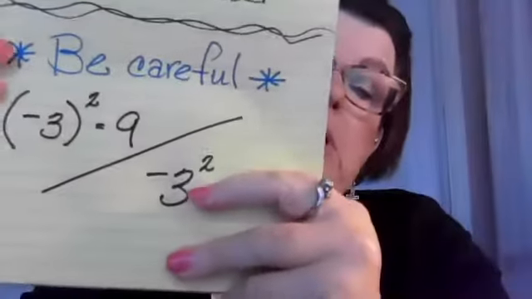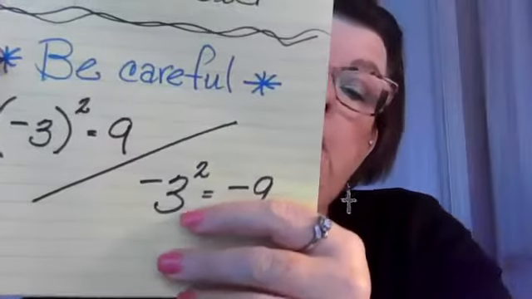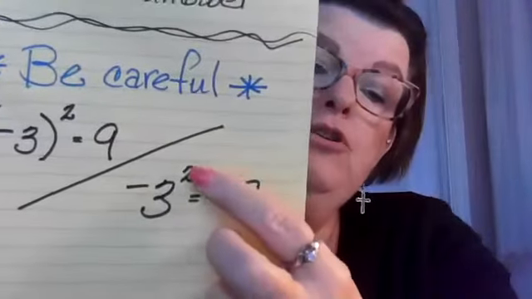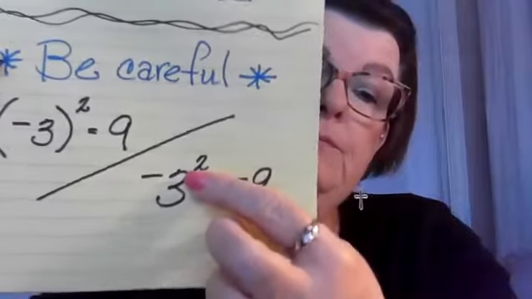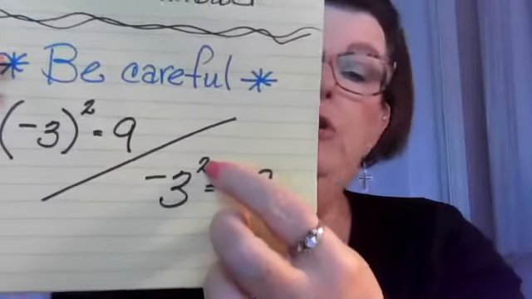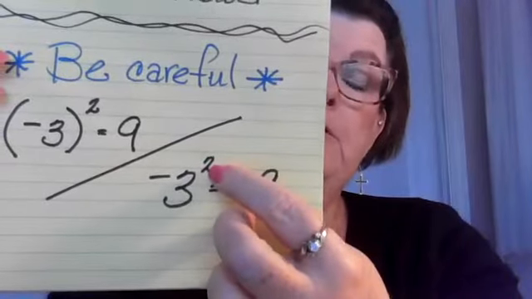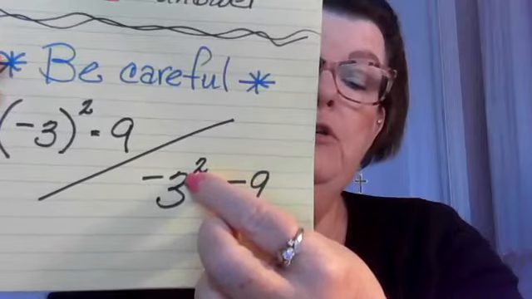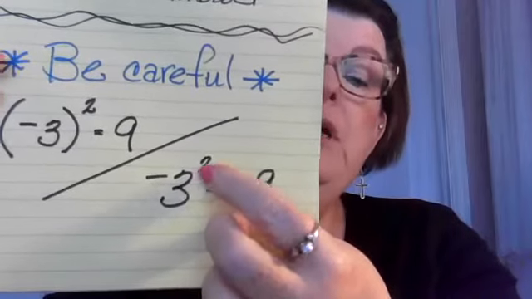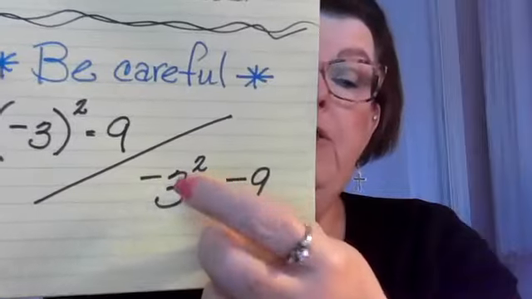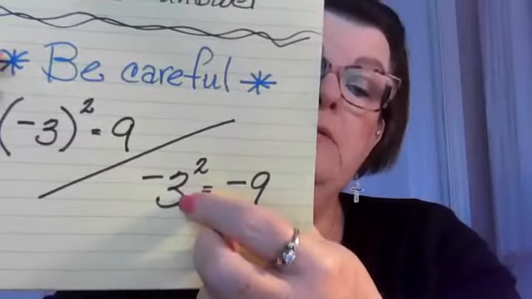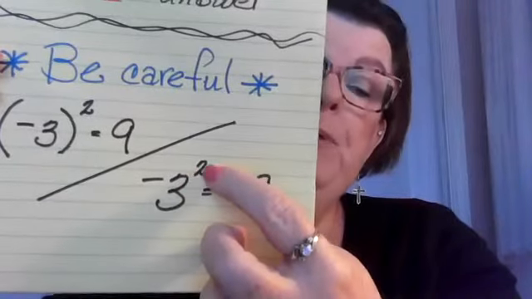So what is happening here? If you'll notice, the 2 now is only touching the 3. Okay, this is the only way I can remember it. The squared is only touching the 3. So it tells the calculator, I want to write down 3 twice and multiply it together.